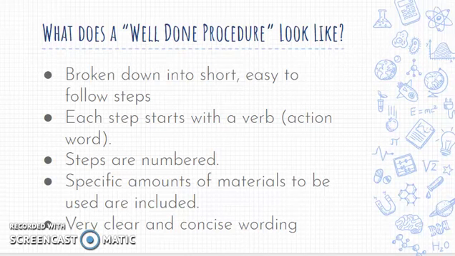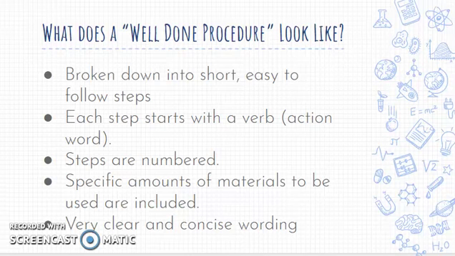We need to have specific amounts of materials to be used included within the steps. Although you've already put the amounts in the materials list, you want to also include them in the procedure as well, so that you know how much you're using on that particular step.